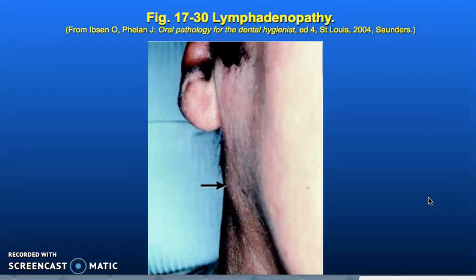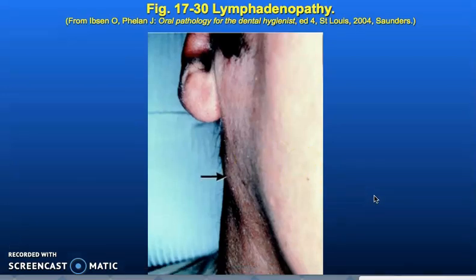So here's what we have here. This is the lymph node. So lymphadenopathy can be in this area, and this is something that the dentist may pick up when they palpate the neck also during an exam.